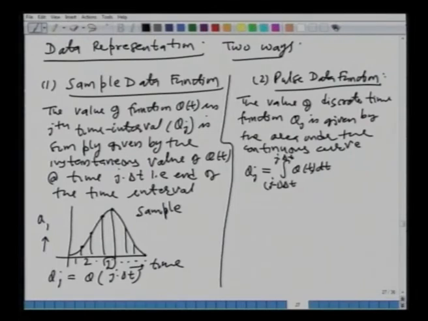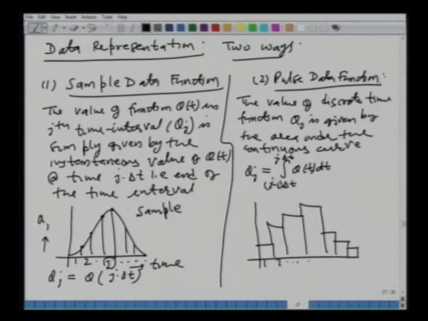Okay. If you want to look at it graphically, how we represent this as, let us say it is in the form of bar chart. This is 1, 2, this is your jth time interval, and so on. So, we take the area under the curve. So, this represents your qj for the pulse data function. Okay.